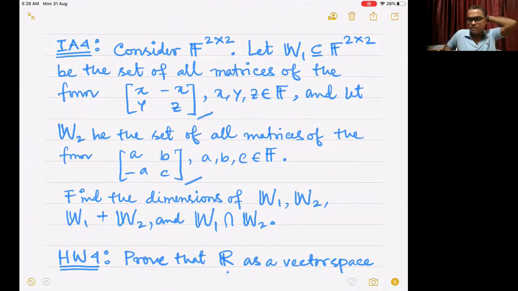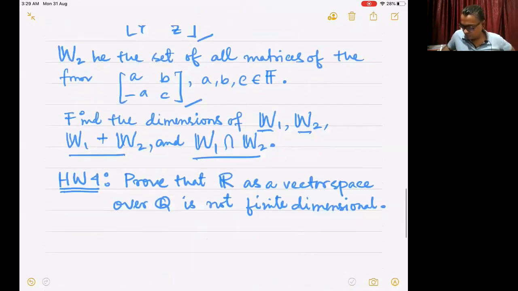First, you have to check that these are subspaces of 2 by 2 matrices. Look at matrices of this particular structure, x, minus x, y, z, where x, y, z are arbitrarily chosen, and a, b, minus a, c, where a, b, c are arbitrarily chosen from the field. Find the dimensions of W1, W2, W1 plus W2, and W1 intersection W2.